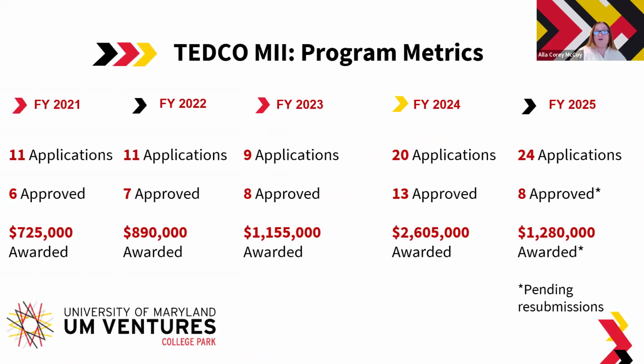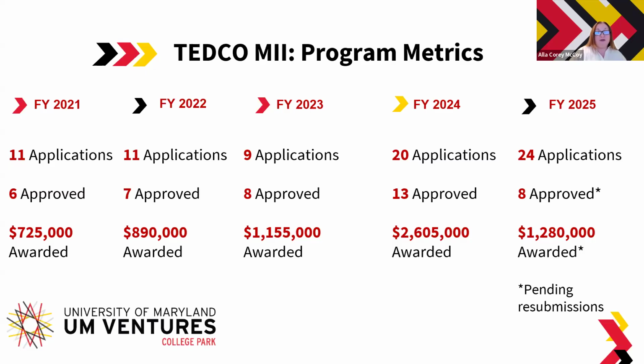This is program metrics for the last 5 years. The program has been in existence for 13 years. These are our last 5 years. As you can see, our success rate up until FY24 was very high.